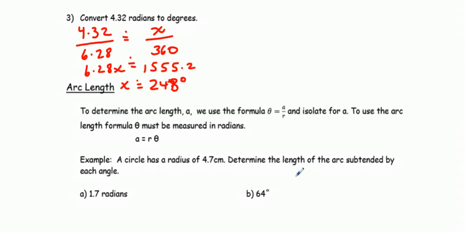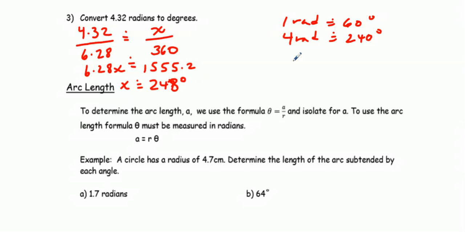Okay. Let's think about whether this answer makes sense. If I've got 4 radians, well, 1 radian was about 60 degrees. So 4 radians is about 240 degrees when I multiply 60 by 4. And so if I have 4.32 radians, it should be greater than 240 degrees.